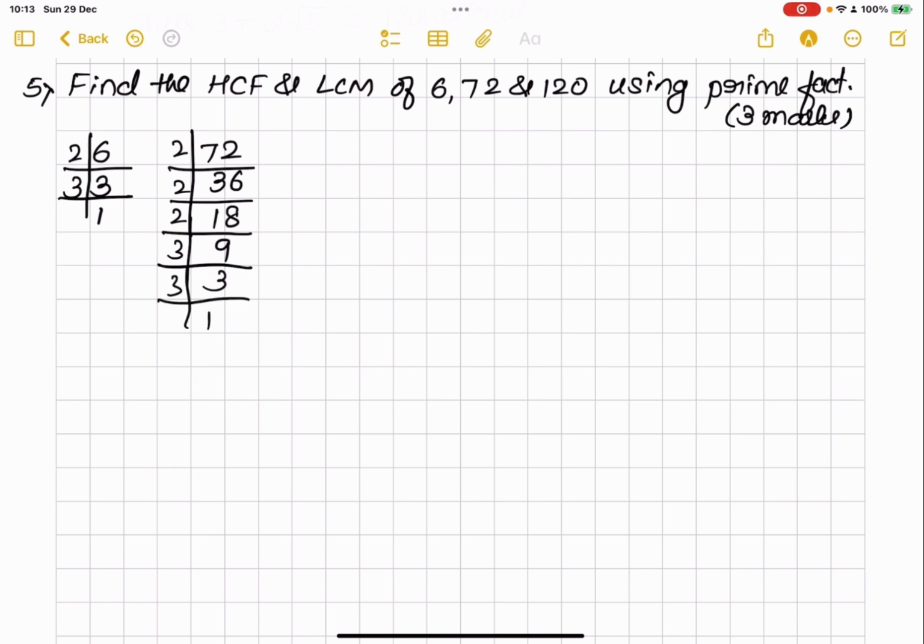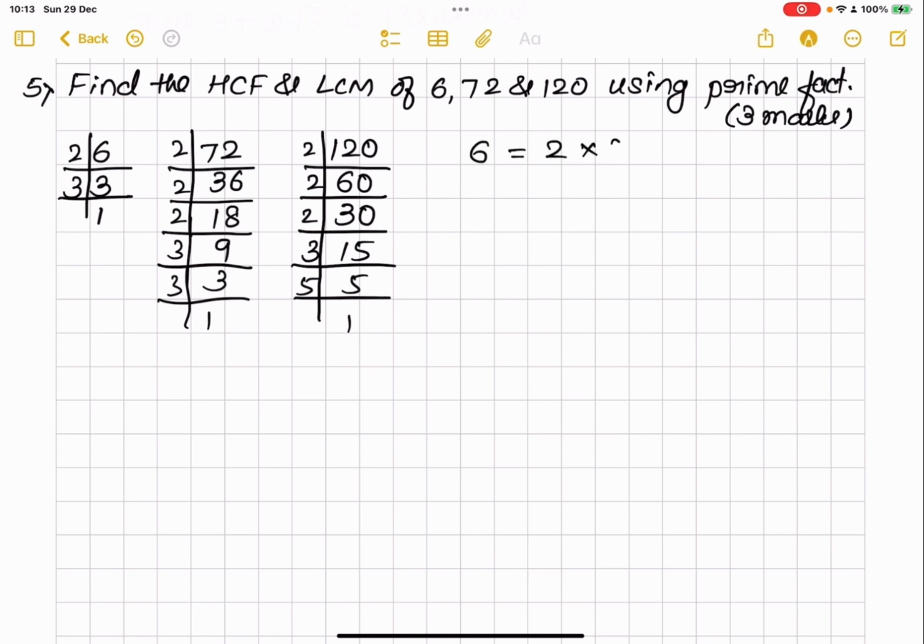Then 120 if I do prime factorization, 120, 60, 30, 2, 15, 3, 5, 5, 1. So I can say 6 equal to 2 into 3, 72 equal to 2 into 2 into 2 into 3 into 3, and 120 equal to 2 into 2 into 2 into 3 into 5.